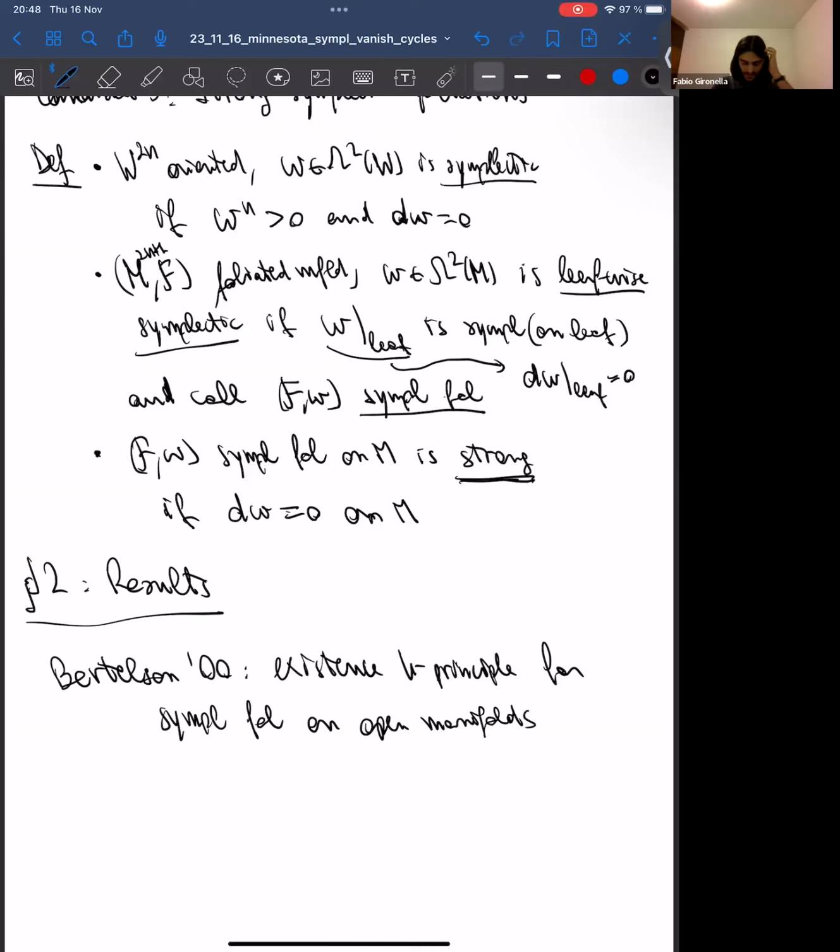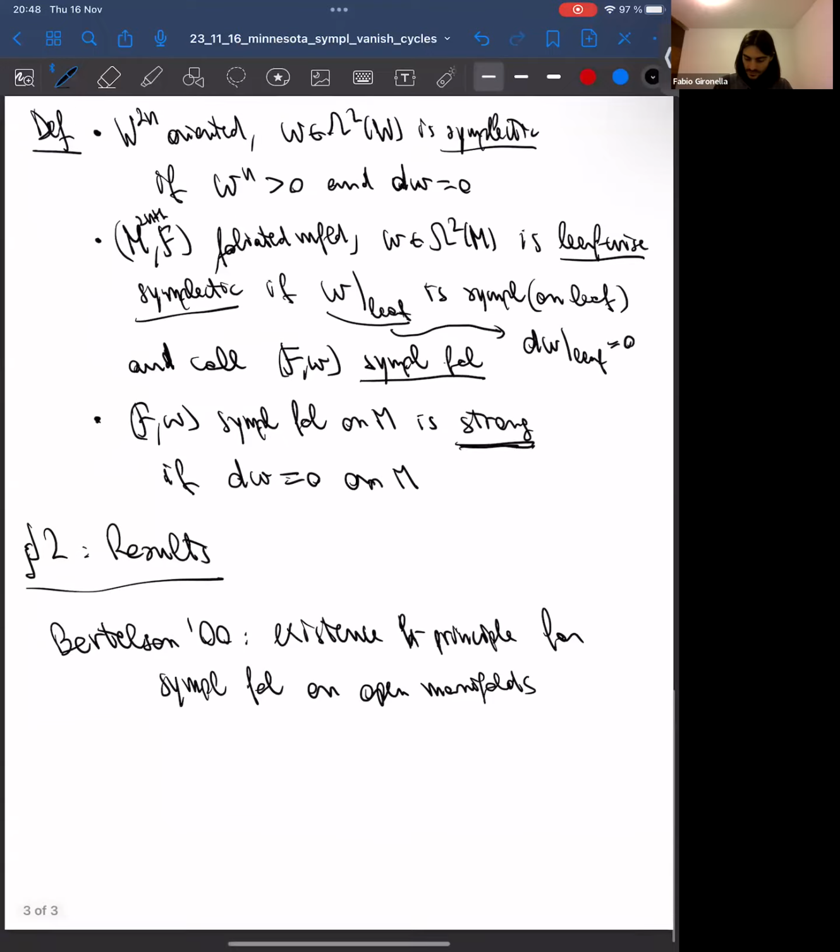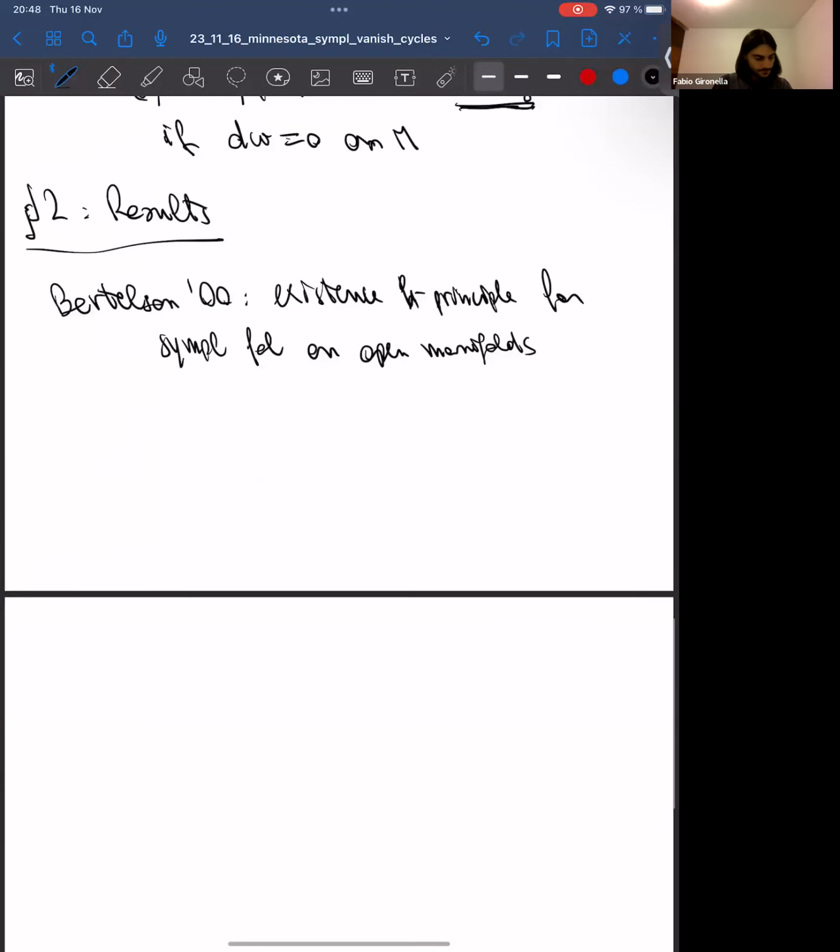There are some assumptions here that I'm not stating, but this tells you that these objects exist on open manifolds under some natural assumptions. So you know that there's plenty of them, and it makes sense to study them because it's a class which has lots of examples.